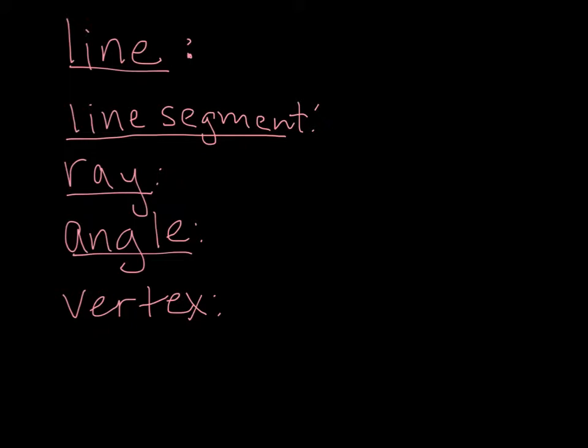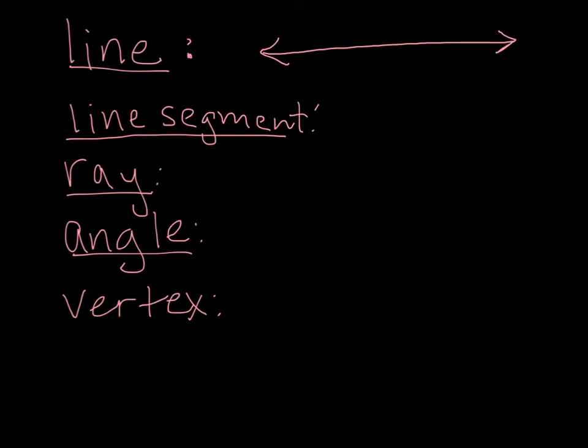So we know the word line, but in geometry what the word line means is that it's a line that extends indefinitely. So in geometry you'll see arrows at both ends of that line. So that just means that it extends indefinitely.